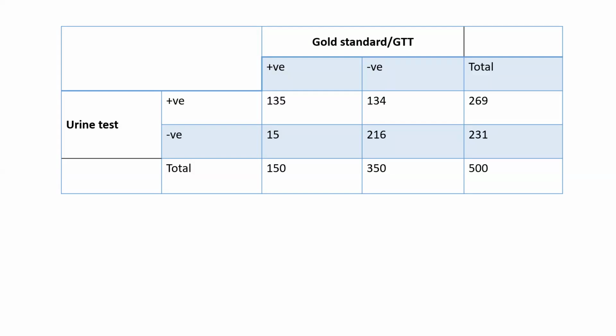False negative is 15. So what happens with a highly sensitive test is that while it increases the true positives, it can also increase the false positive rate. There is a chance of that happening because usually we lower the cutoff and try to identify more.